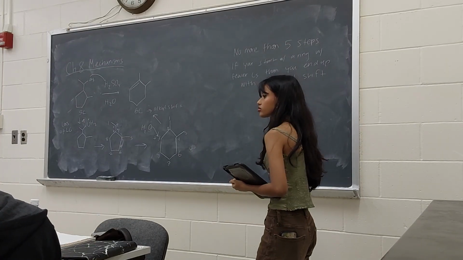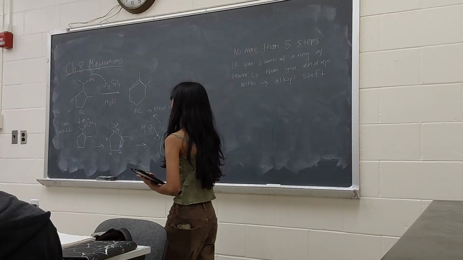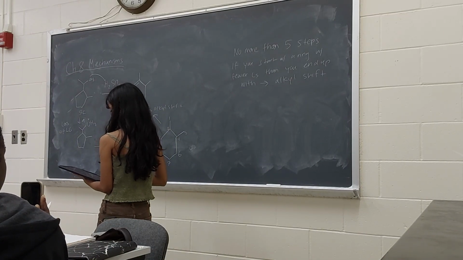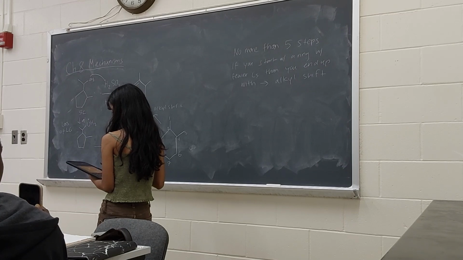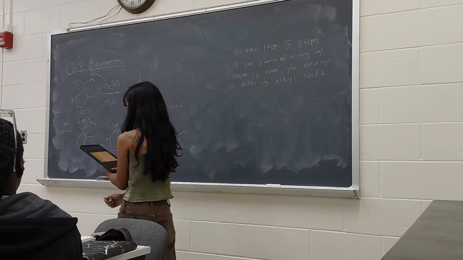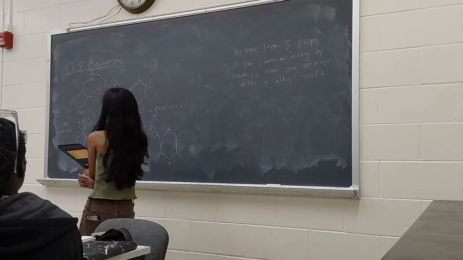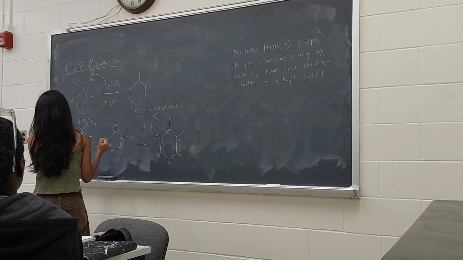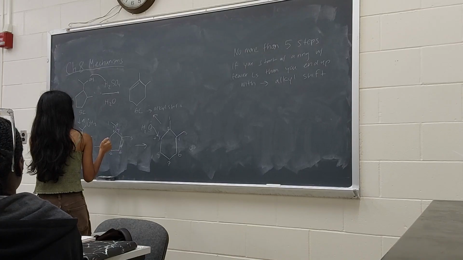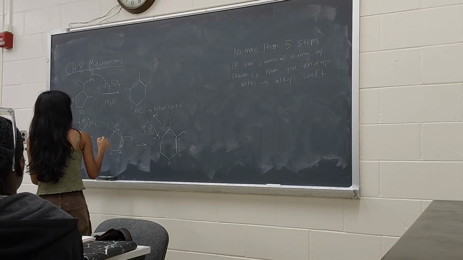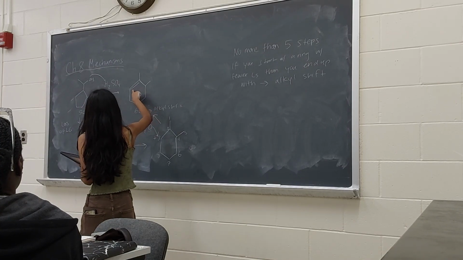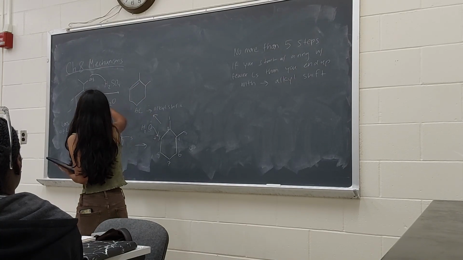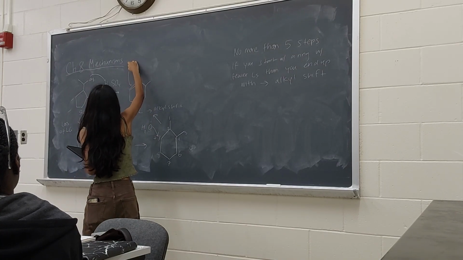Wait, what type of mechanism is this? SN1 or E1? This would be E1. So there's no heat, right? Because we're kicking out this, because it's polar protic. In general, you know there's an alkene here, and there isn't one there, right? So we know it'll be elimination.